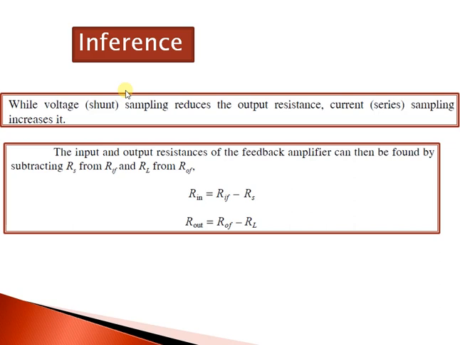The series feedback topology that we have seen here increases both the input and the output resistances, and this is one of the highly desirable outcomes for a transconductance amplifier. The actual input and output resistance of the feedback amplifier can be found by subtracting RS from RIF and RL from ROF.